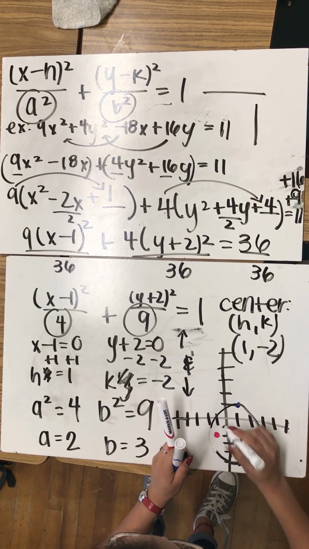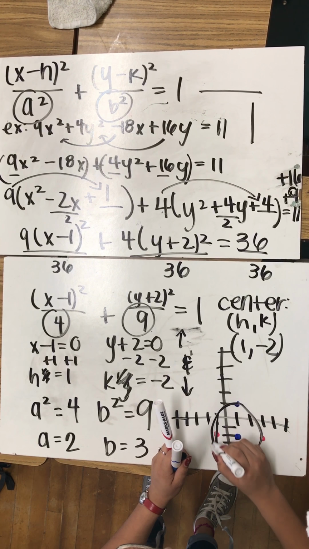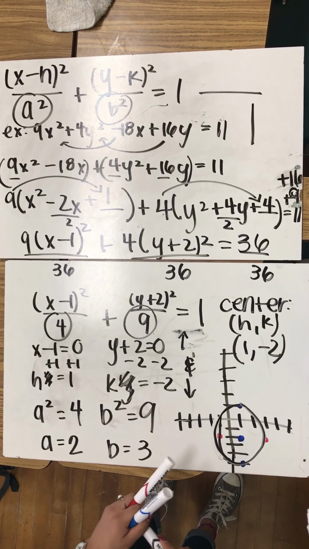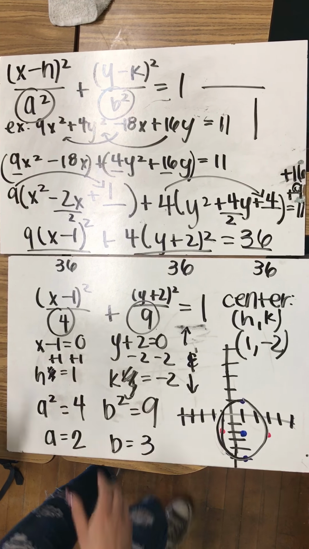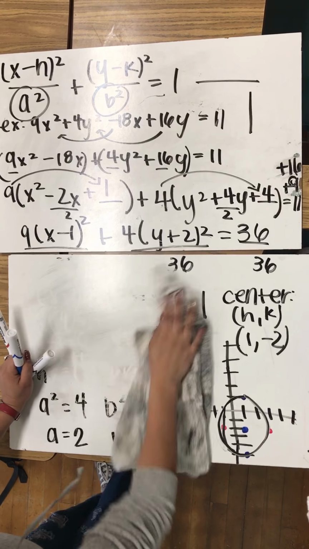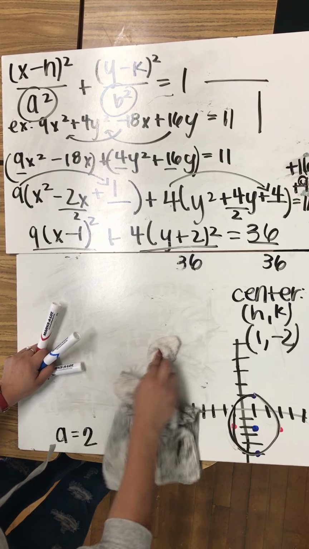Whoops. Okay, so that's not a perfect ellipse, but you get the picture. And now, let's erase some of this. And we're going to write our vertices down.